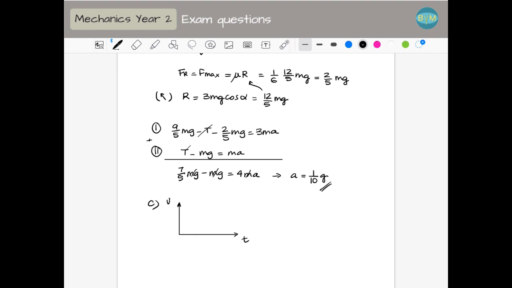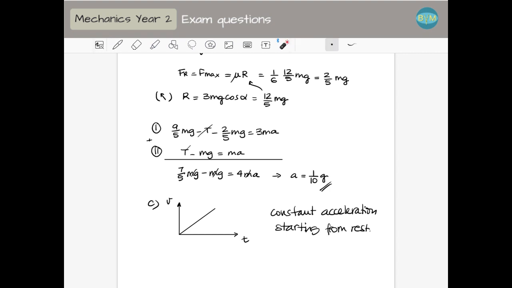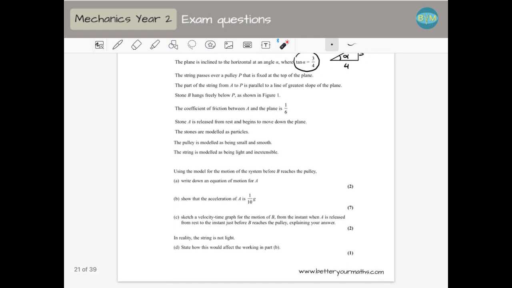It starts from rest, so it's going to start at 0. The gradient of this line is the acceleration, which is 1/10 g. And you could mention that if you want.